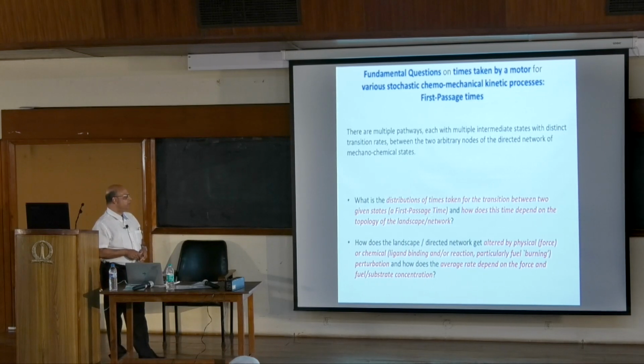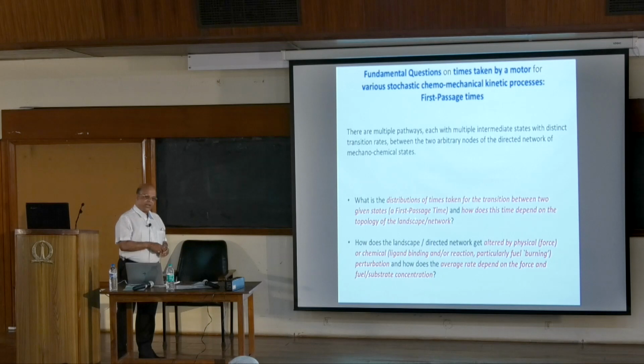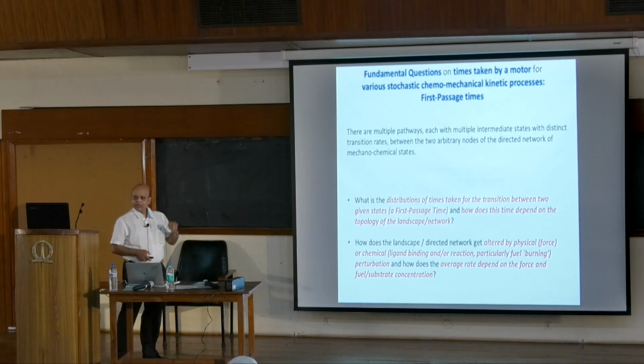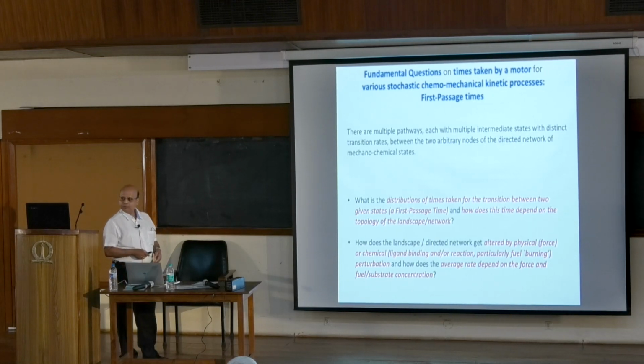And how does this time depend on the topology of the landscape or the network? Another, related question is, how does this landscape or directed network get altered by physical force or chemical ligands, or it could be the reactions of fuel burning, etc.? And how does the average rate depend on the force or the fuel concentration?